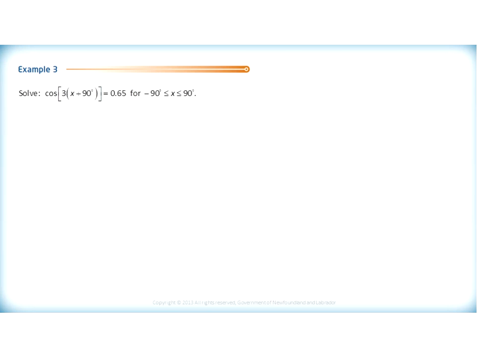Nonetheless, we need to adjust the given domain. The measure of an angle here is 3 times x plus 90. So if we add 90 to each part of our domain, we would have negative 90 plus 90 is less than or equal to x plus 90, less than or equal to 90 plus 90.